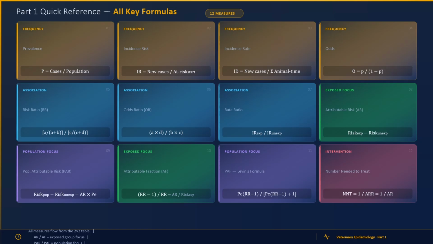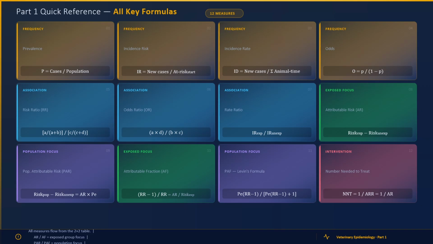And the population attributable fraction is Levin's formula: PE times (risk ratio minus 1) over PE times (risk ratio minus 1) plus 1. 12 is your intervention measure. Number needed to treat, 1 over the absolute risk reduction.